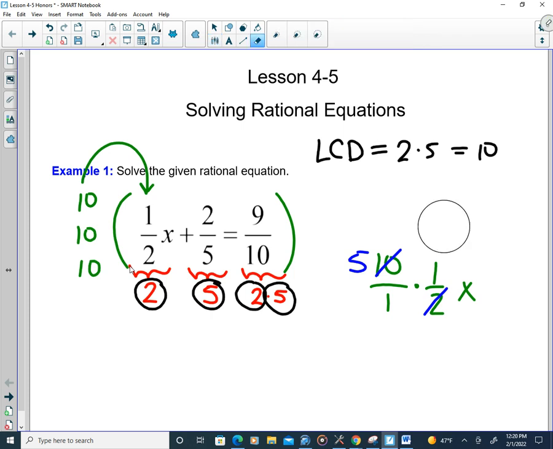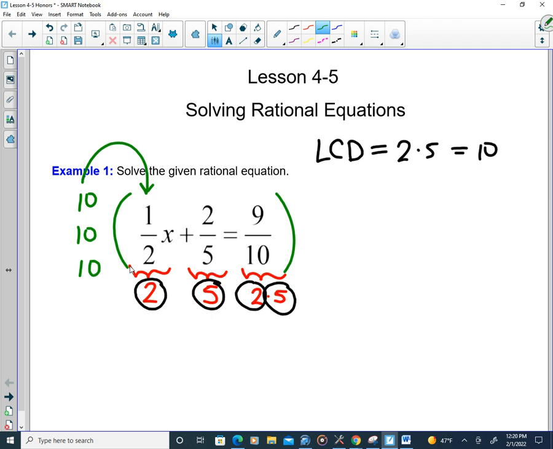The way we have it set up, our denominators will cancel with these 10s. So now I'm going to take 5 times 1, and that'll be 5x.